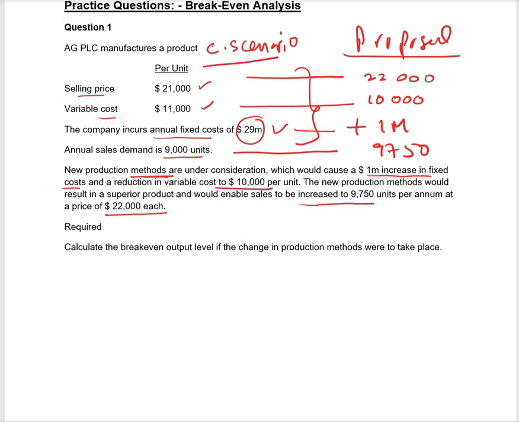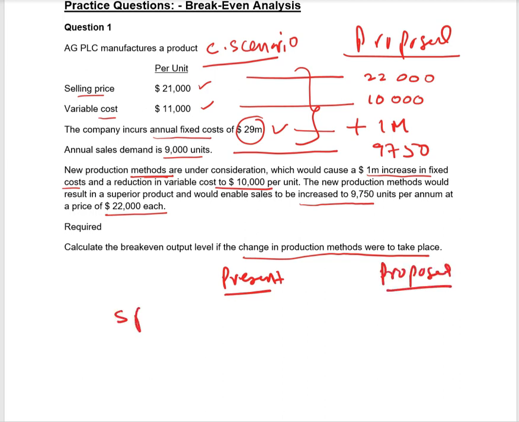So you are required to calculate the break-even output level if the change in the production method were to take place. Now let's calculate the contribution per unit under the present and the proposed.